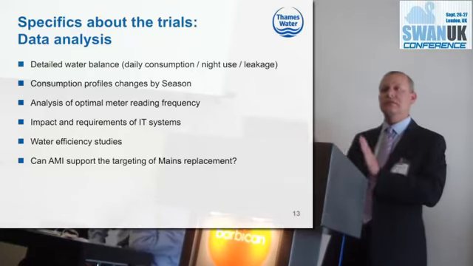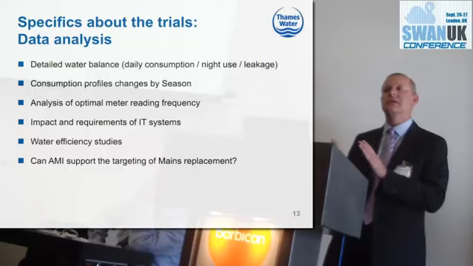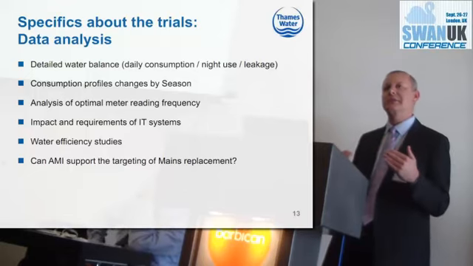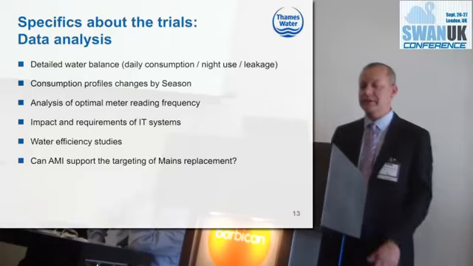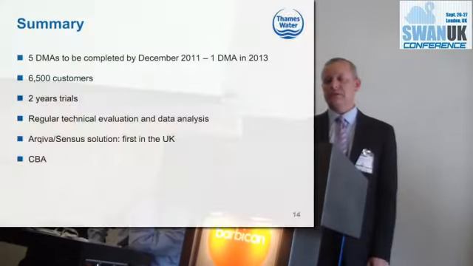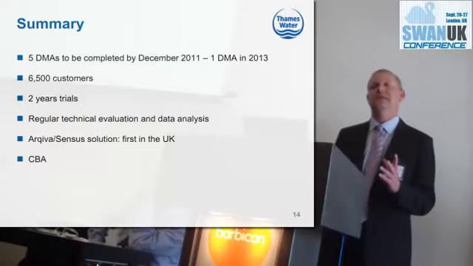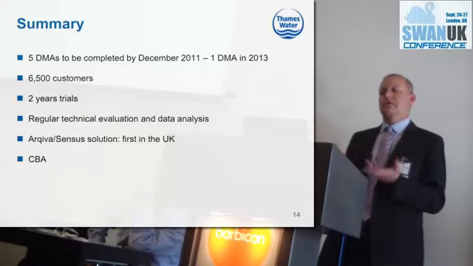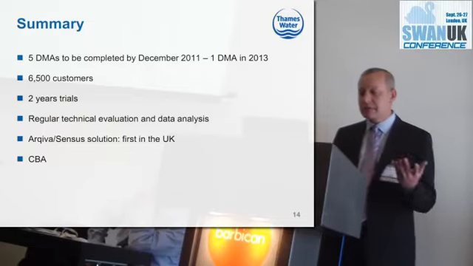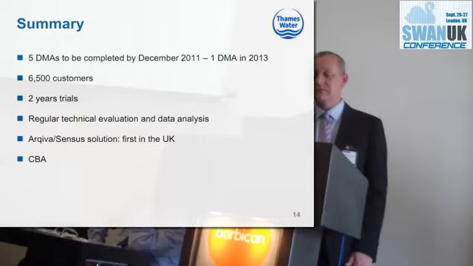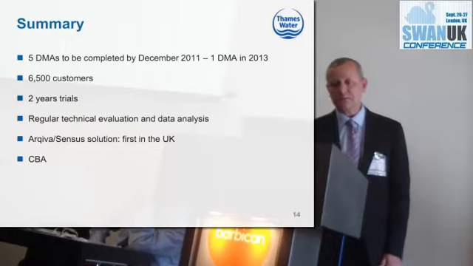So these detailed meter readings will help them understand the benefits of what they are doing. And one of the main questions: can AMI support the targeting of mains replacement? That could be a really good solution, cost-wise.